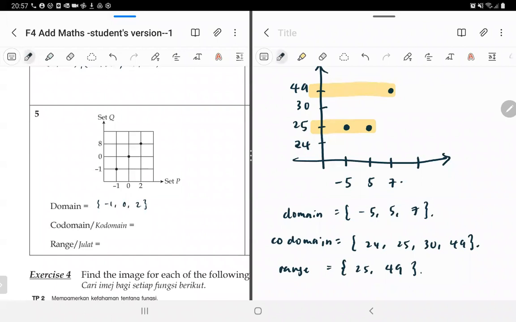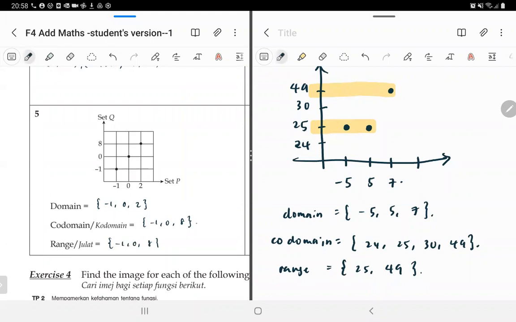Okay, what are the codomain here? Okay, correct. -1, 0, and 8. Then how about the range? Yep, correct. Same as the codomain. -1, 0, and 8. Easy!